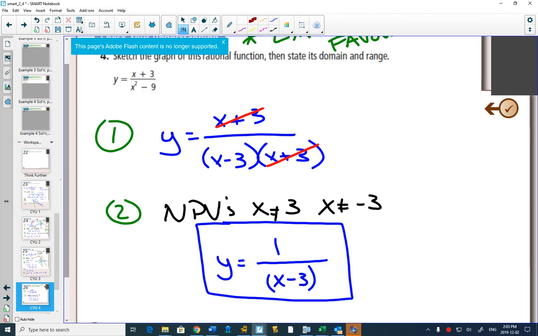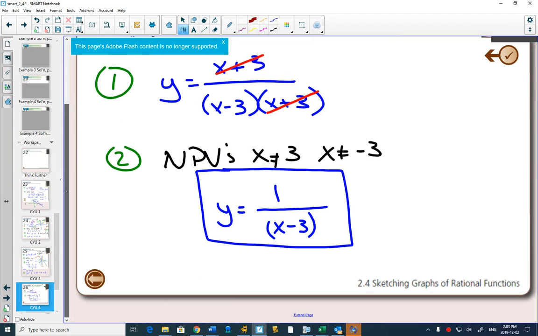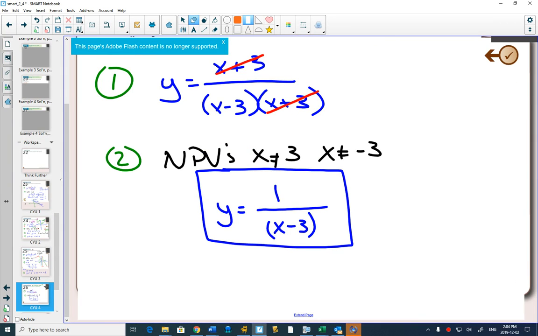What do we know about this new equation? Well, since the plus 3 canceled out, we know that we have a hole at (-3, ...), because negative 3 is the non-permissible value with x plus 3. What would be the coordinates of y with the negative 3?